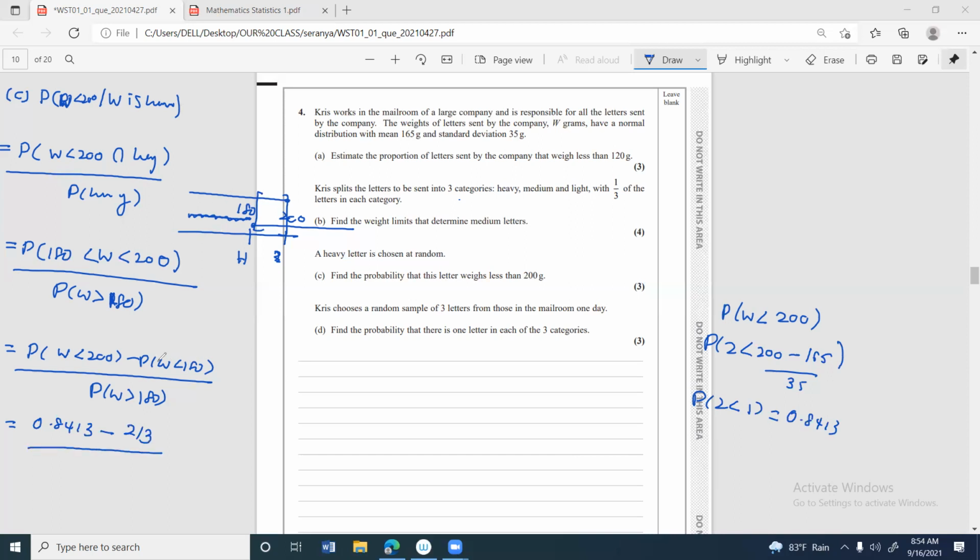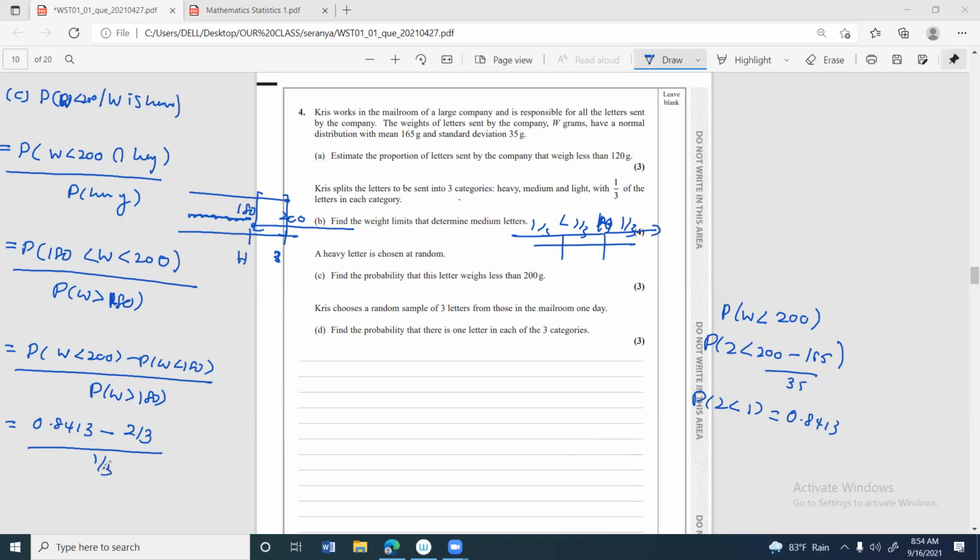That means the probability of less than 200 is this width; less than 180 means it's divided into three columns, 1/3, 1/3, 1/3: light, medium and heavy. Therefore, the less than 180 category should be 2/3, divided by W more than 180, the heaviest part, which should be 1/3.